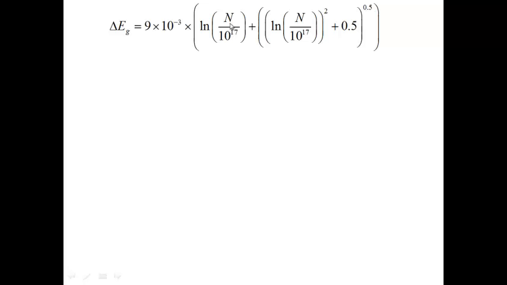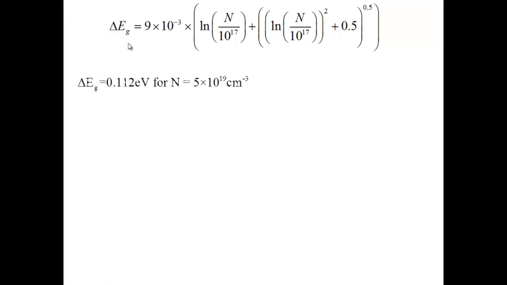This equation is valid only when N is larger than 10 to the power 17. Below 10 to the power 17, band gap narrowing is negligible. You can assume the normal band gap. So you use 9 times 10 to the power minus 3 times ln(N/10^17). It's an empirical expression which fits the experimental data. So now you can take whatever doping level you have, plug it here, and get the amount by which the band gap is reduced.